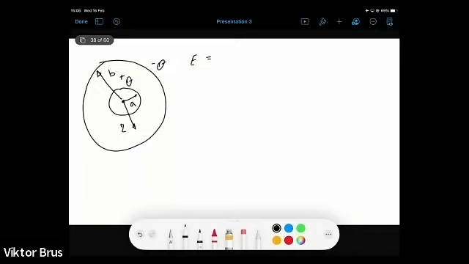E is equal to Ke, this electric constant, times the electric charge accumulated on the sphere, divided by the square distance from the center of the sphere to the point where this electric field is calculated. So now we want to determine the potential difference between these two spheres.